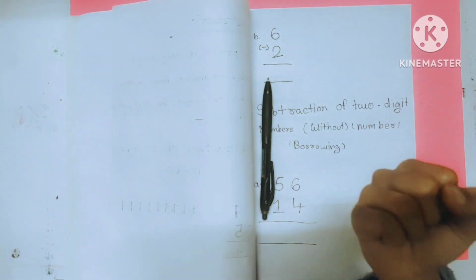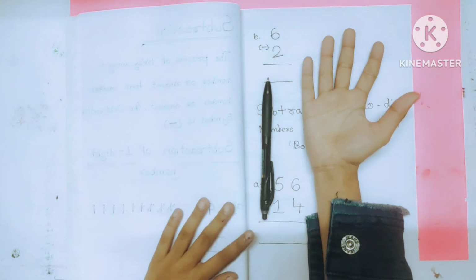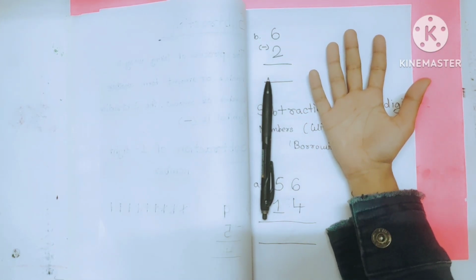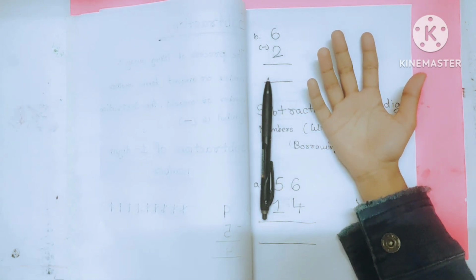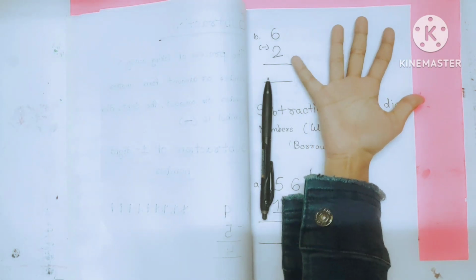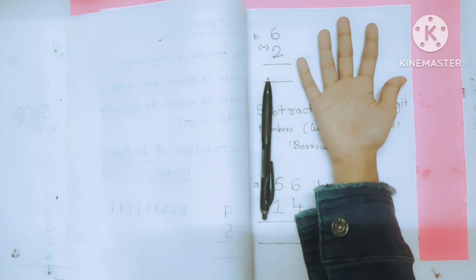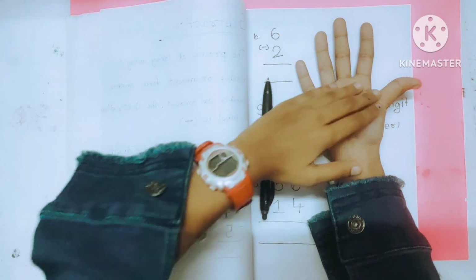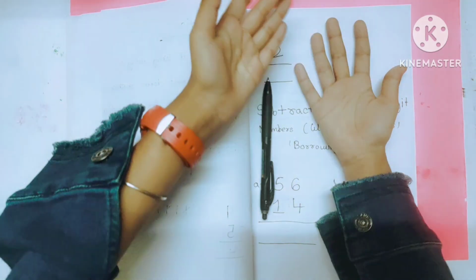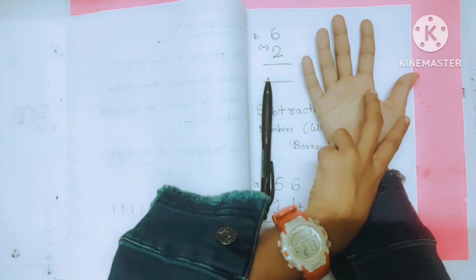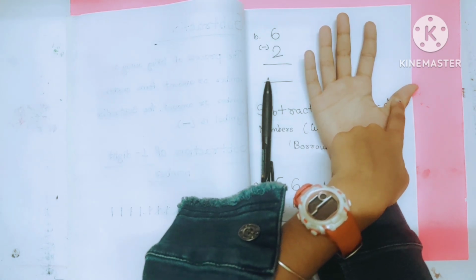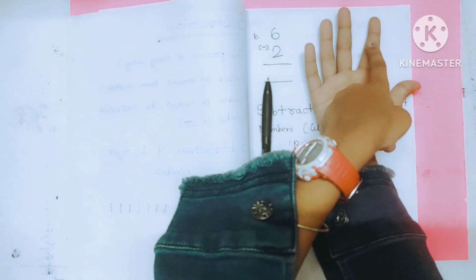Keep 6 in your mind and keep your finger like this. Then you have to count backward. Before 6 what comes? 5, 4.